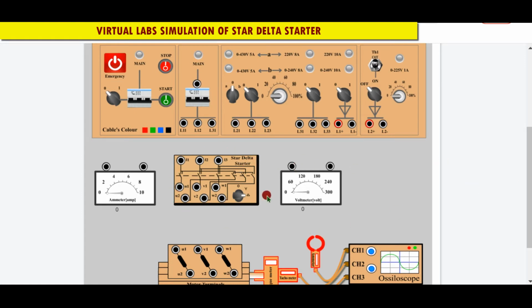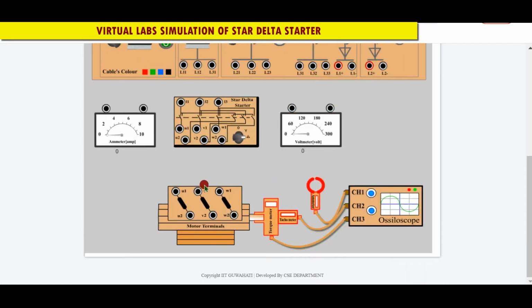And this is the star delta starter panel. Here you can see the 6 terminals from the motor terminals, which are the stator armature windings of the 3-phase induction motor. And this is the tachometer, which is not connected here as we have removed it.